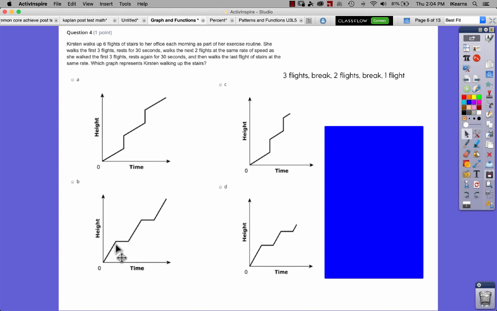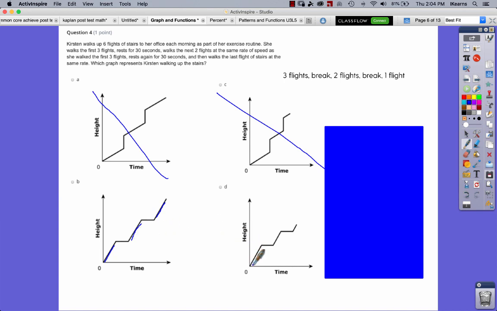If we look over here, what's happening is she's increasing her height, going up the steps, and then she stops. Time still continues for 30 seconds. Okay, so these are the ones we want. So we can immediately get rid of A and C. Okay, now what's the difference between B and D? Well, if you look, the lines here going up are not all the same, right?